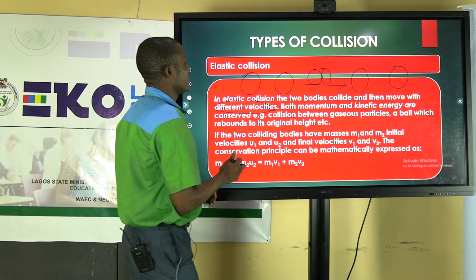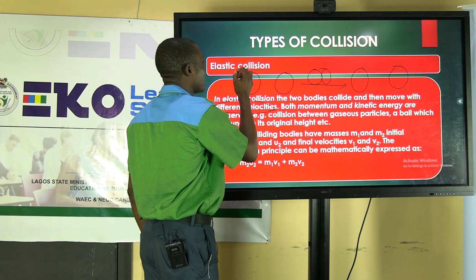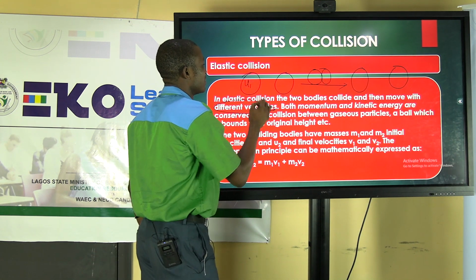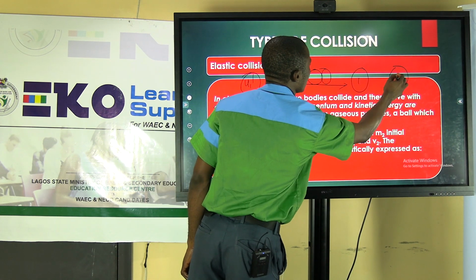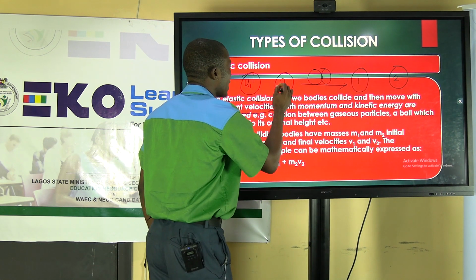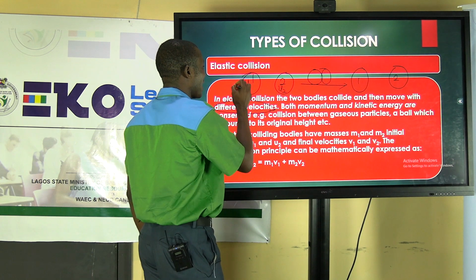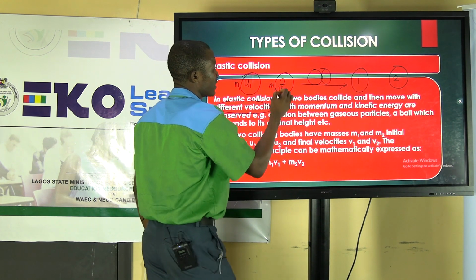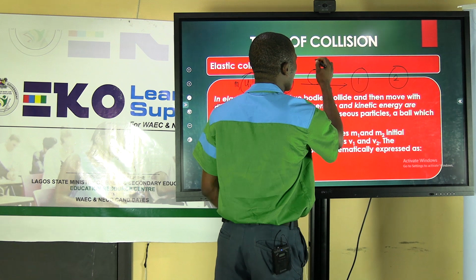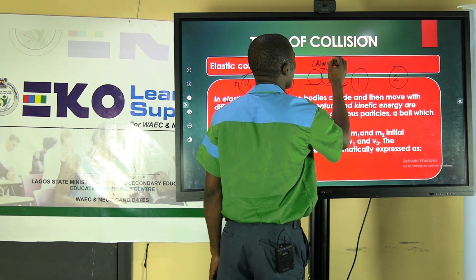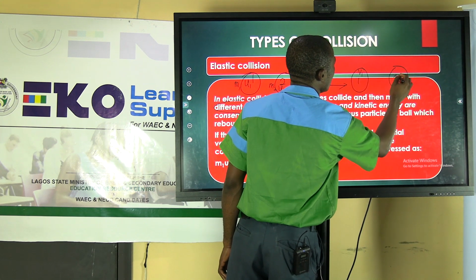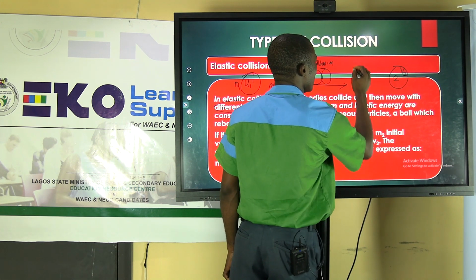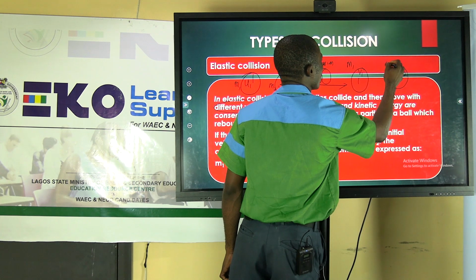So what happens here is this. This object initially has an initial velocity. Let's say this is object 1 and this is object 2. This one also has its own initial velocity. It has a mass, and this also has a mass. Once there's a collision, here it has a new velocity, and this also has a new velocity. This has retained its mass, and this also retained its mass.